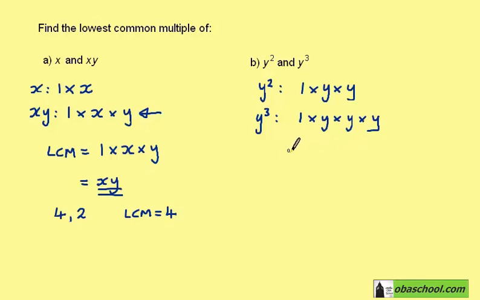If we start with the y cubed, the lowest common multiple will be 1 times y times y times y. And if we now look at the y squared, we have everything already here. So the lowest common multiple is going to be y cubed.